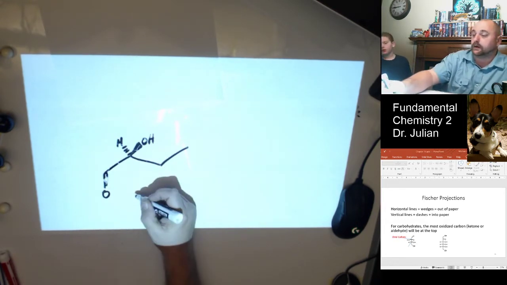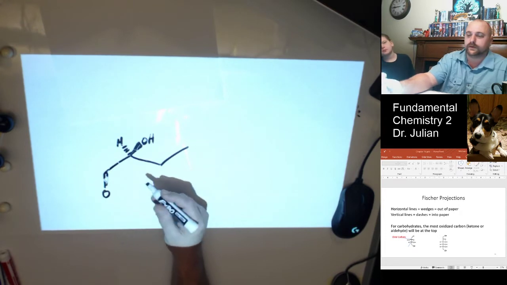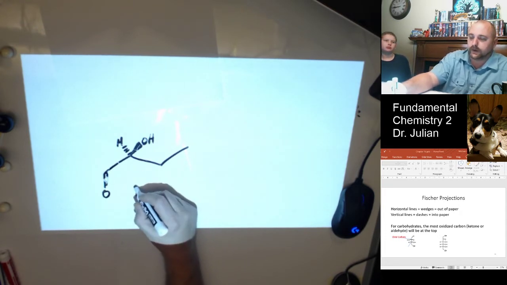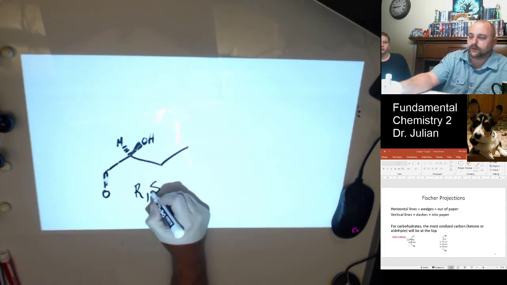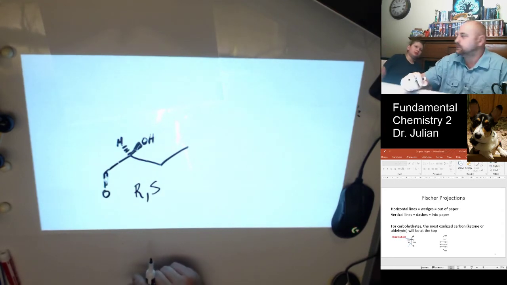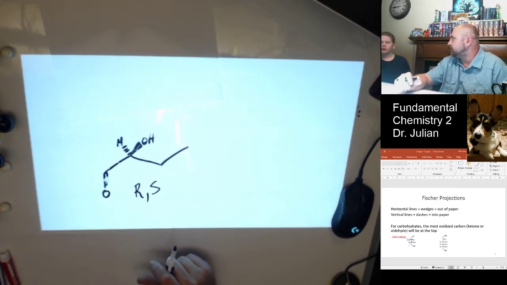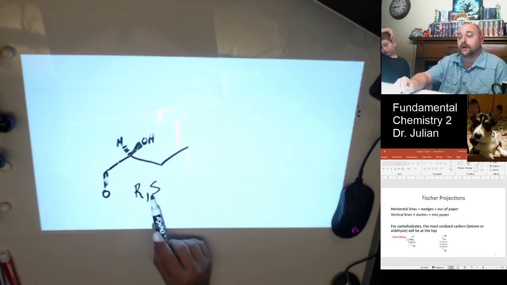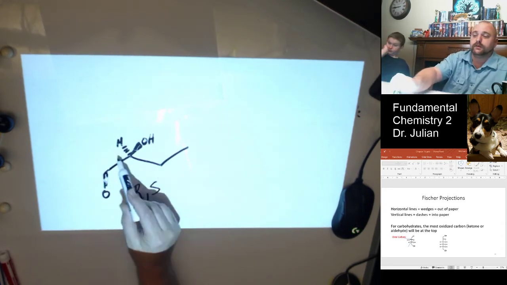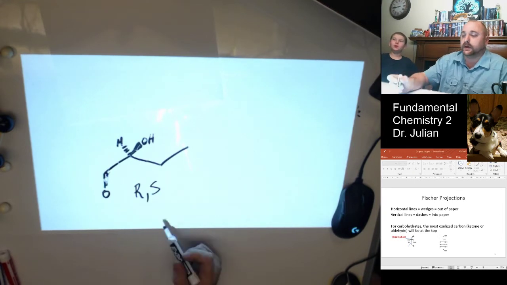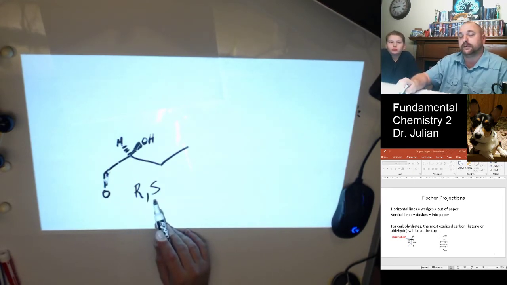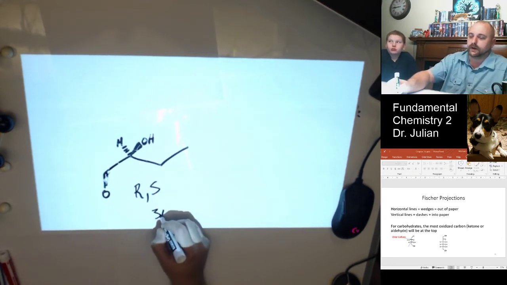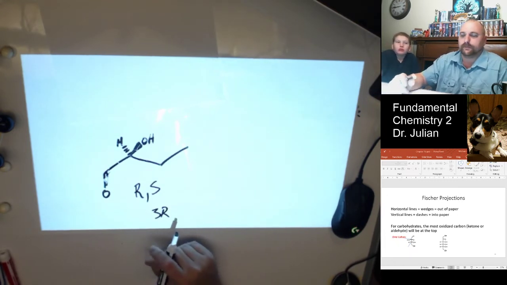All right. Now, if this was organic class, we would worry about describing if this orientation was something along the line of R and S. And so sometimes when we see a big long compound that has chiral carbons, they describe each orientation around each one of these as being R or being S. And so you might see something like 3R and so on and so on. All right.